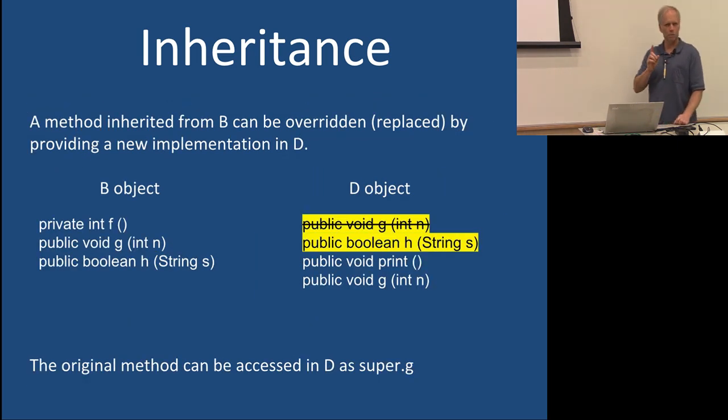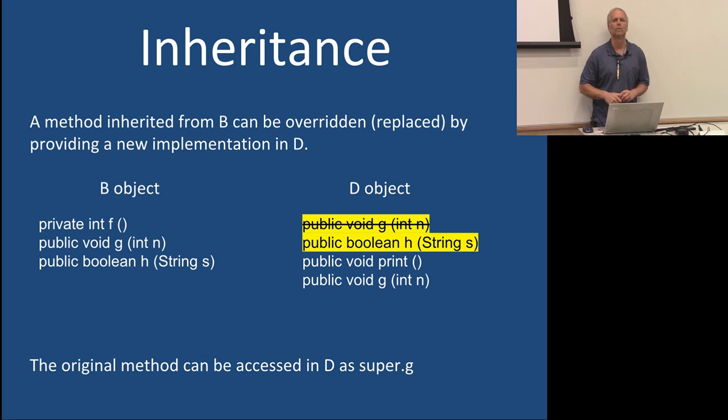Now, before I go on, I want to point something out. You have all been using inheritance in every class that you've ever written, because every class has to inherit from some other class. You do not have a choice. Now, you may have never written extends and then a class name.